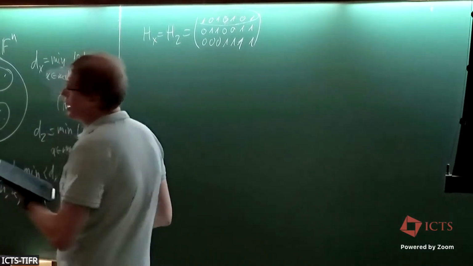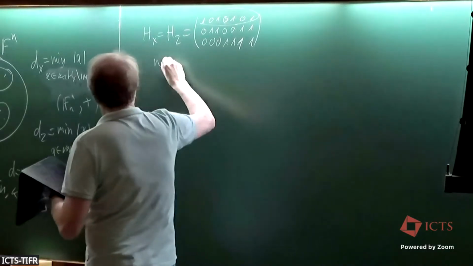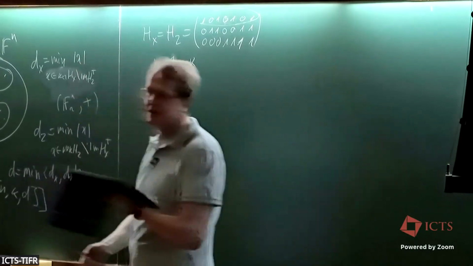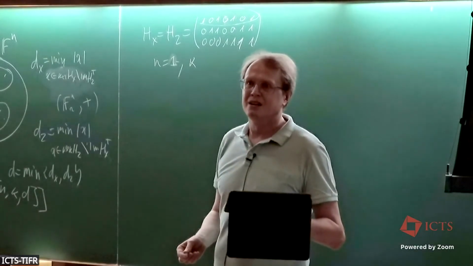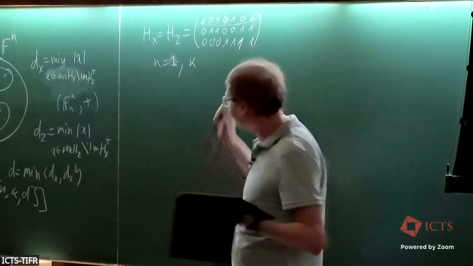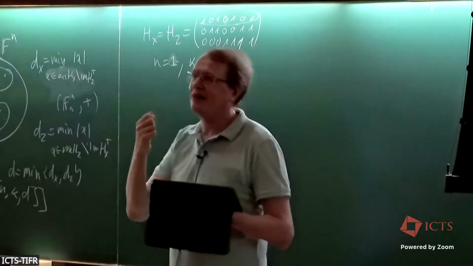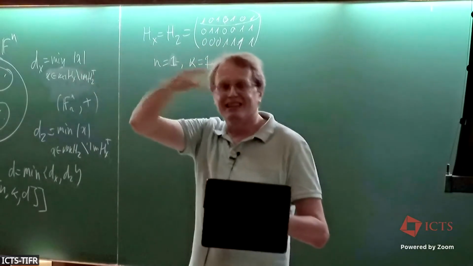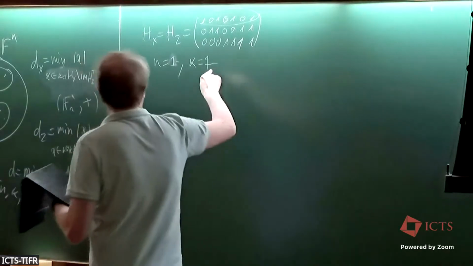And what are the parameters of this particular code? So n is equal to 7, that's clear. What is k? No, not 3. It's 1, because it's 7 minus... Here we have two parity check matrices, and each row from a parity check matrix decreases the dimension.